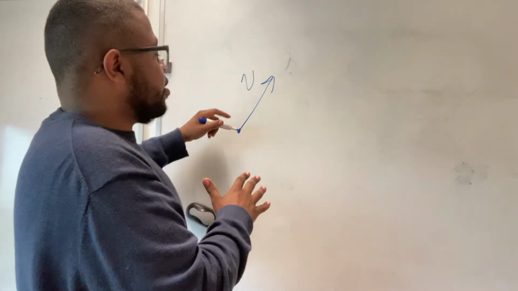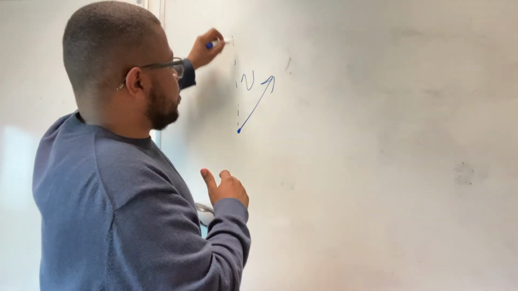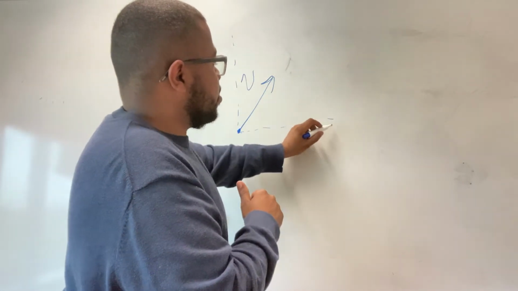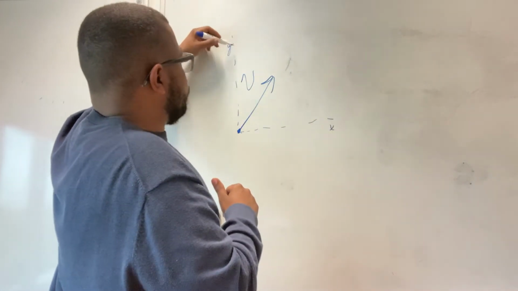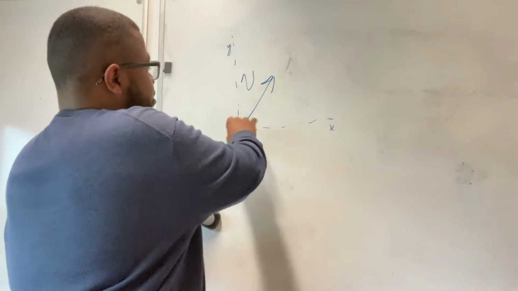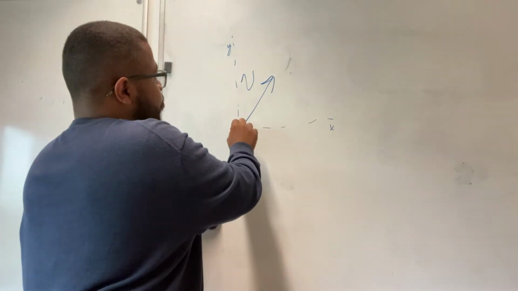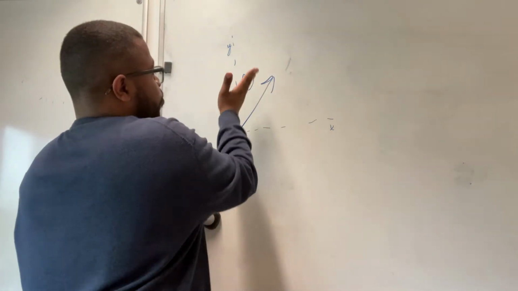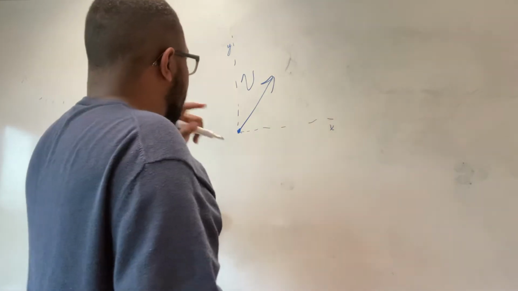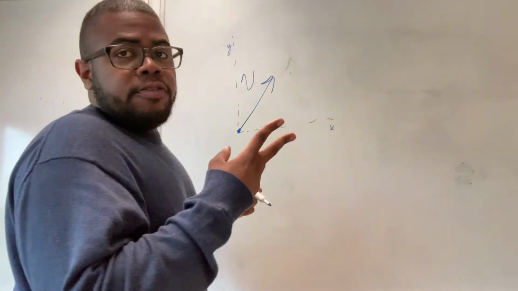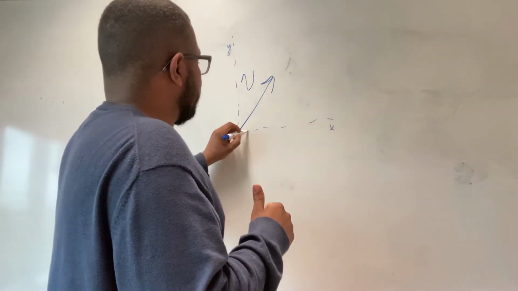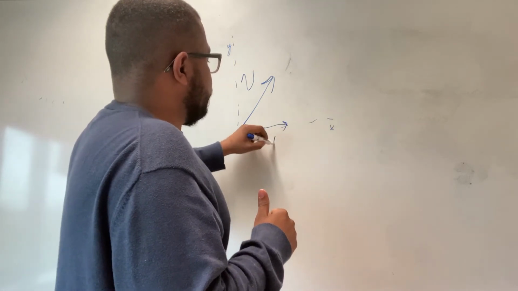If we're looking at it in a particular coordinate system, say our typical x and y coordinate system, then the arrow starts at the origin and points towards a particular direction. Now, what if we had two vectors? What if we had another vector right here, say vector u?